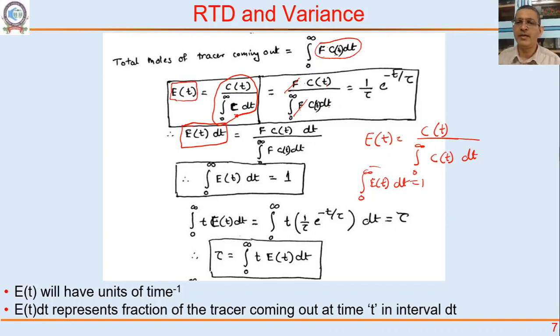Why? Because E(t) dt tells you how much fraction of the tracer comes out during this interval dt at time t. So obviously all such fractions added must be equal to the total 1. Fractions add up, everything becomes 1. So mean residence time we can define as the weighted average of this E(t), a time weighted average, as in statistics. So it is time weighted.